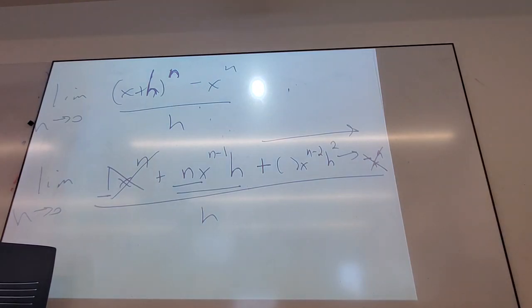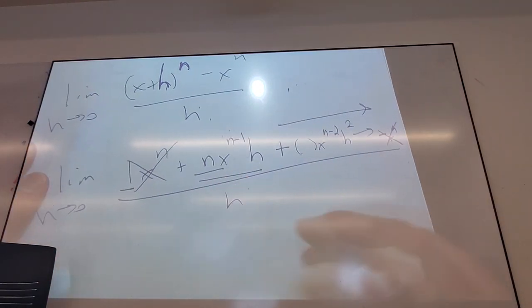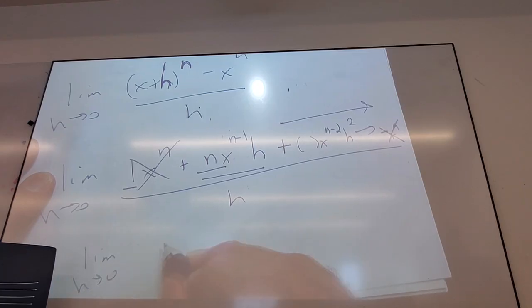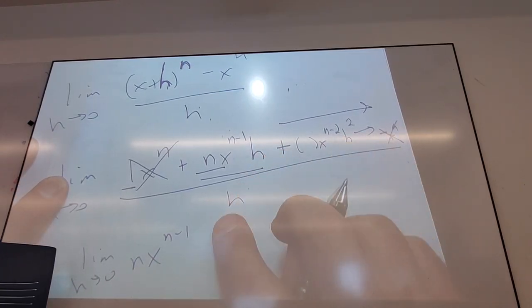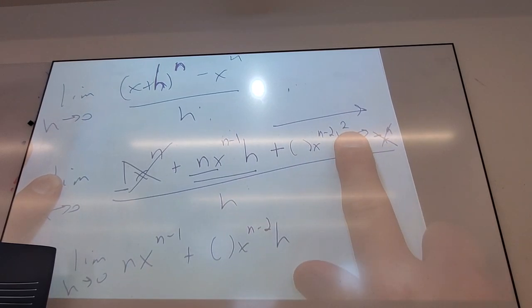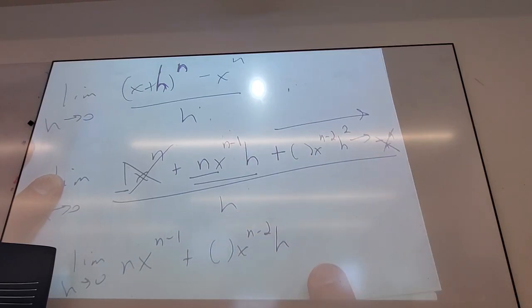So what happens here? They cancel. So I'm going to get n x to the n minus 1. These h's cancel. Is that cool? Plus some coefficient times x to the n minus 2 h. Yes? h squared divided by h is h.